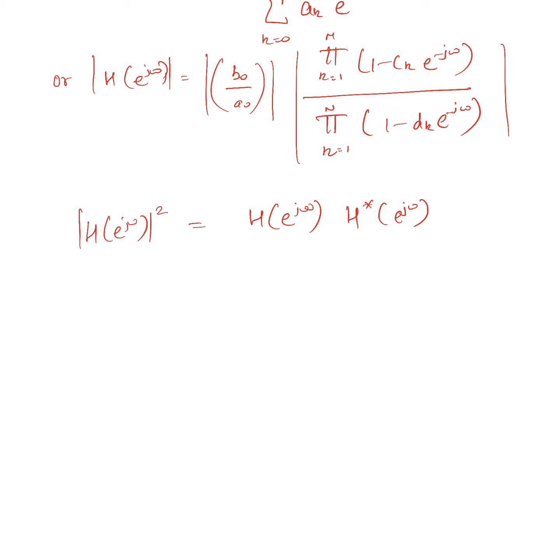So another important thing is the gain in dB. This would be useful when you analyze the frequency response, the magnitude response and the phase response on the Bode plot. So generally we use to plot them on the logarithmic scale so that we can cover high frequencies as well.